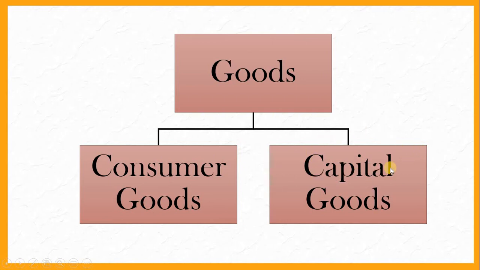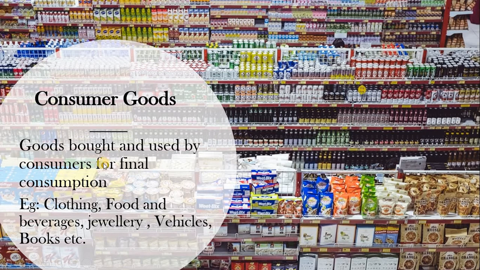in the previous video. So consumer goods, as you can see in the picture in the background, you will see that all these goods are present in supermarket, and as a consumer you would go and you take a cart and probably one by one use a muesli or a cereal which is present here, and there are certain beverages which are present on these racks. These are all purchased and used for final consumption.